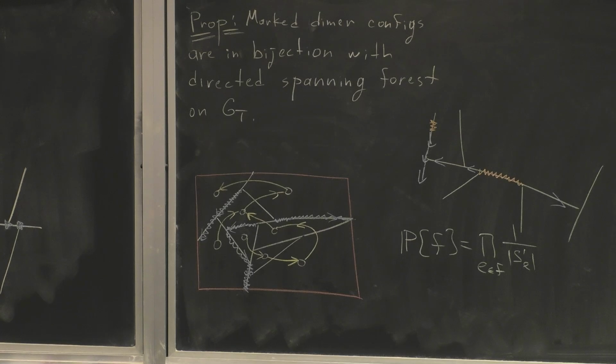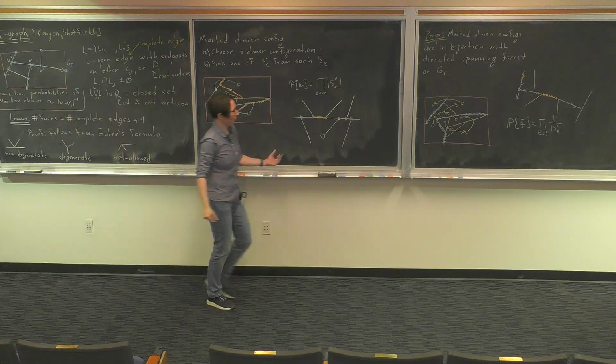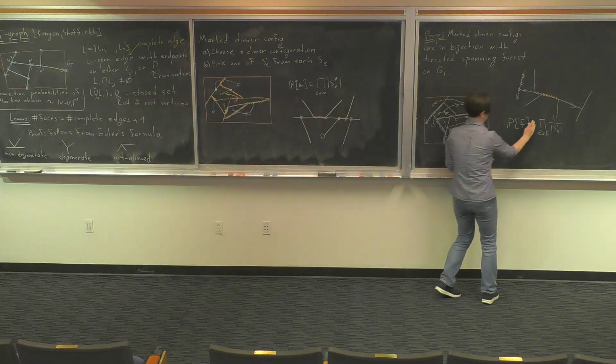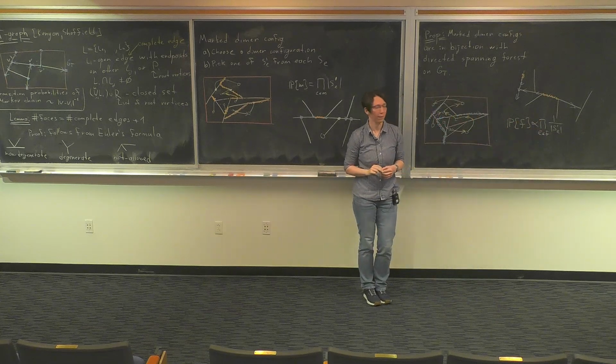Recall that here the transition probabilities were proportional to inverses of the Euclidean length. Okay, I need to normalize it by a constant, so it is proportional to this one.